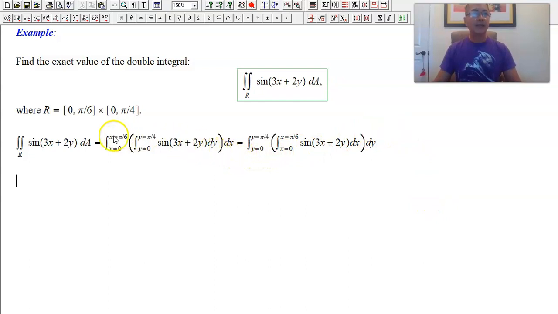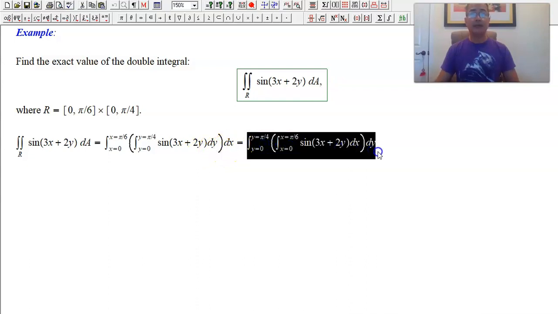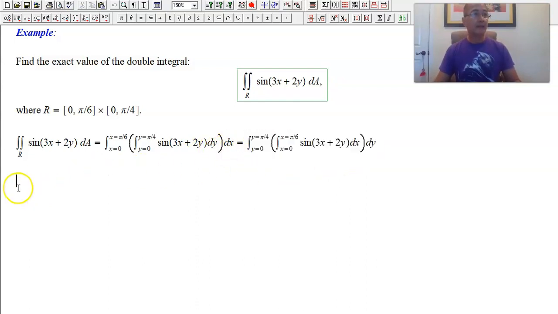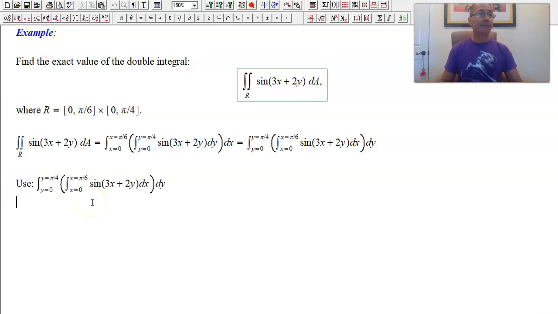All right, so let's continue. In the PDF, I did x on the outside, y on the inside in the computation. So let's do it the other way. We will use this version. The inner integral is this. Let's isolate it.